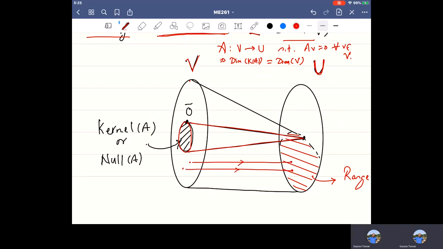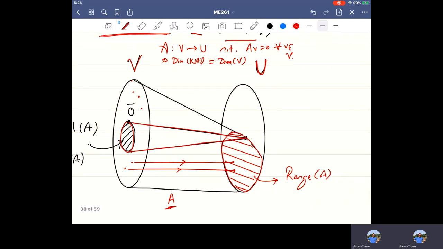Now, these are all the vectors that have been mapped from V, the mappings of vectors v using some linear transformation A. The set of all these vectors forms the range of A. I'm calling it a set of vectors.